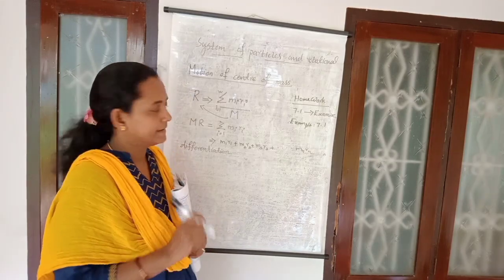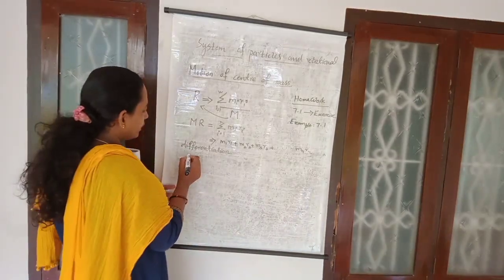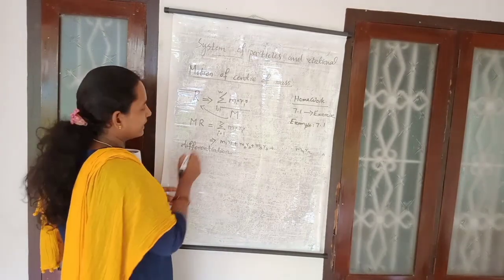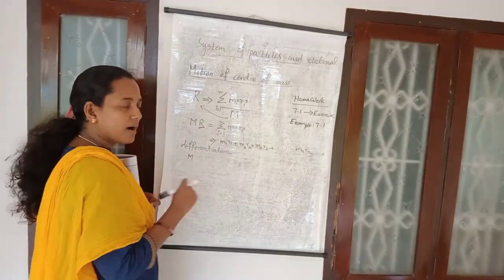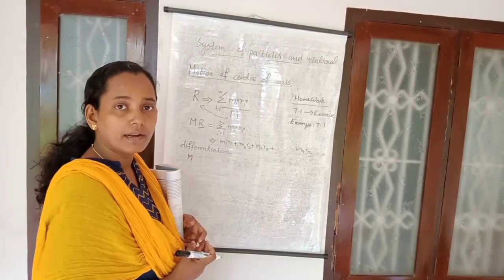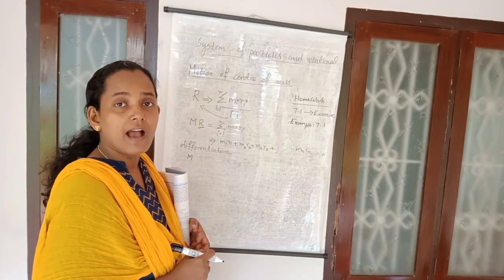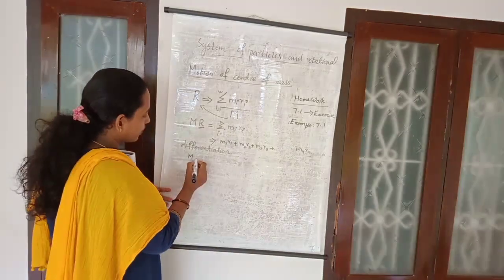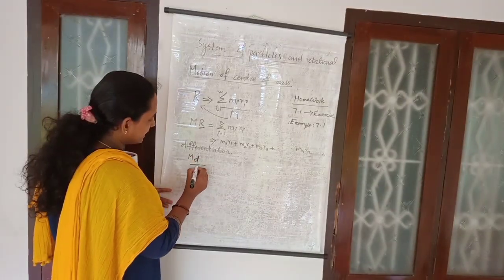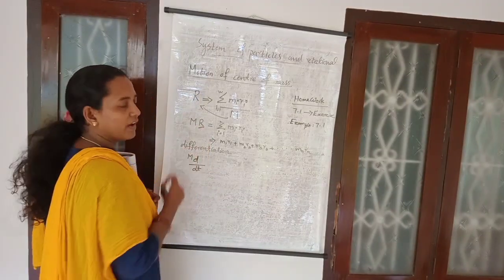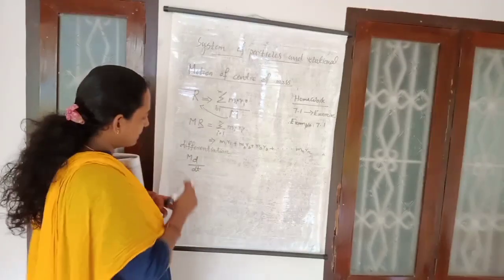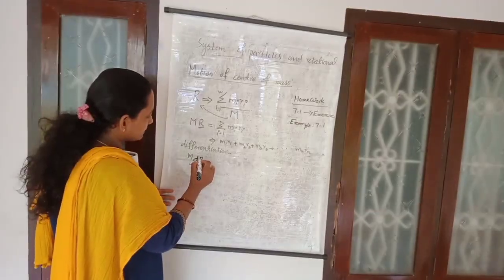M will not vary with time, but the position of the center of mass may vary, therefore r is a variable. So we can write d by dt of R.